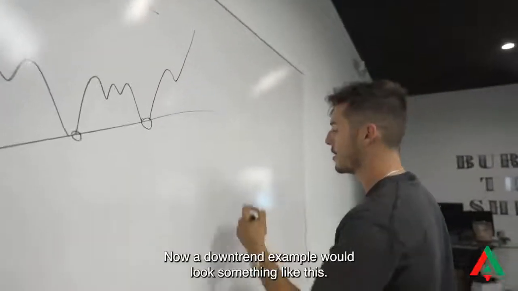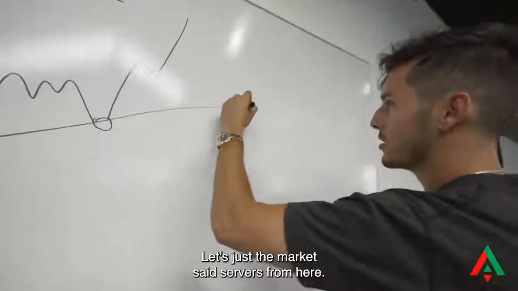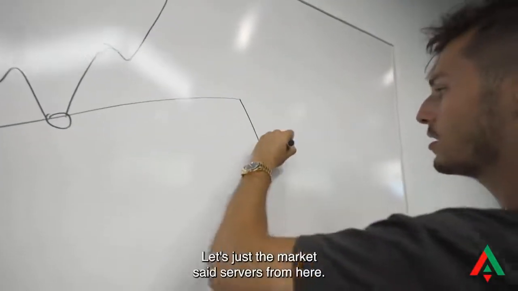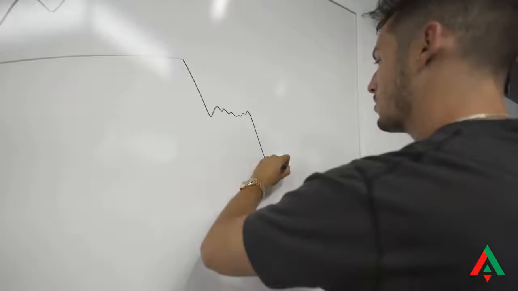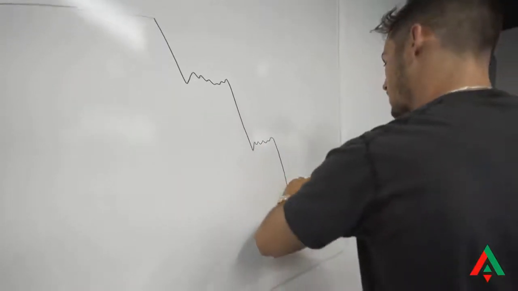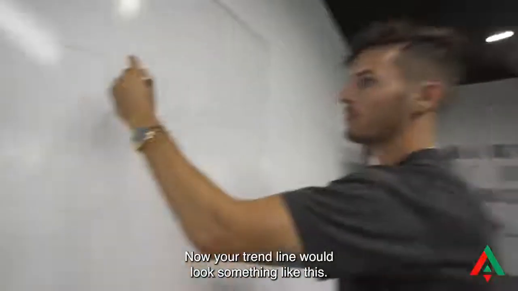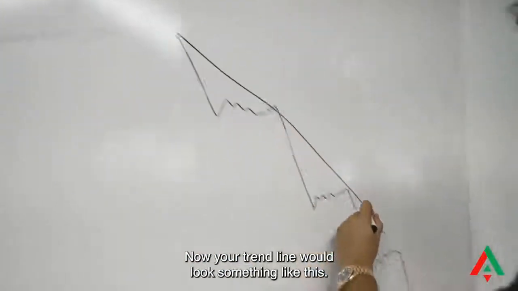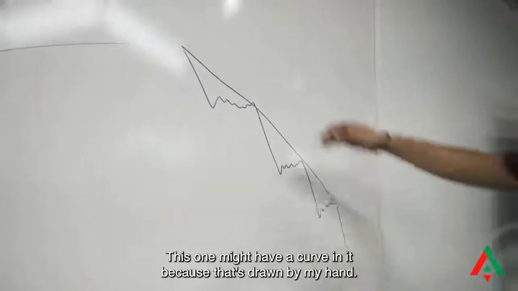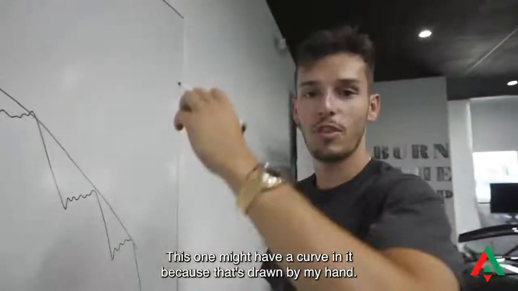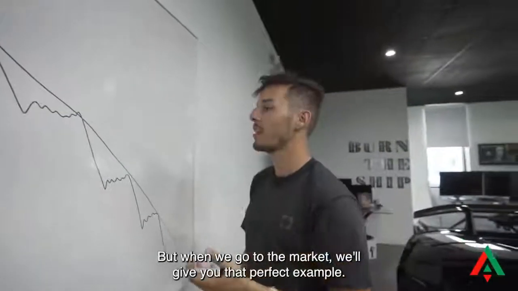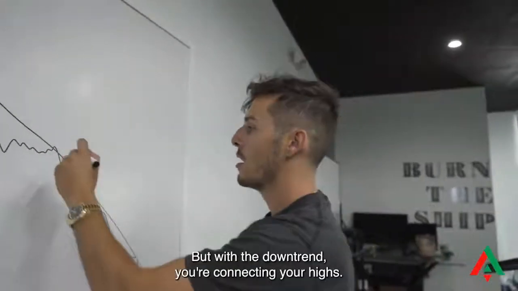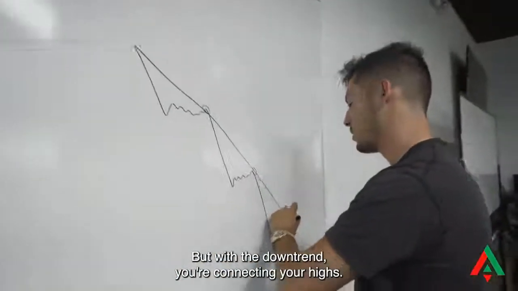Now, a downtrend example would look something like this. Let's just say the market decides to reverse from here, comes down. Now your trend line would look something like this. This one might have a curve in it because it's drawn by my hand, but when we go to the market, we'll give you that perfect example. With the downtrend, you're connecting your highs.